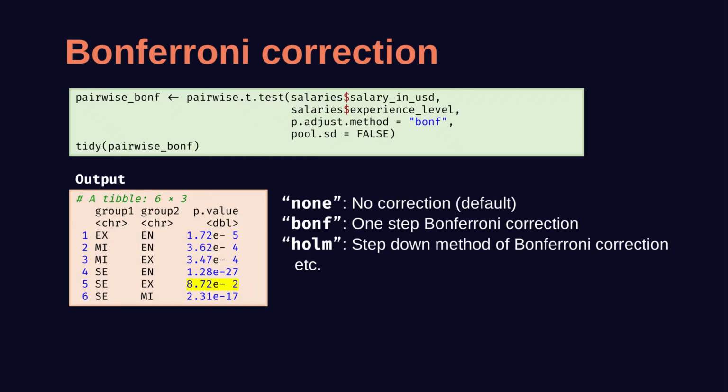By default, no adjustment is applied. This is specified with none. However, in most pairwise t-test scenarios, it's better to apply a correction method to account for multiple comparisons and reduce the risk of false positives. The results show the corrected p-values, and we can see that after applying the correction, only 5 of 6 pairs still show statistically significant differences.